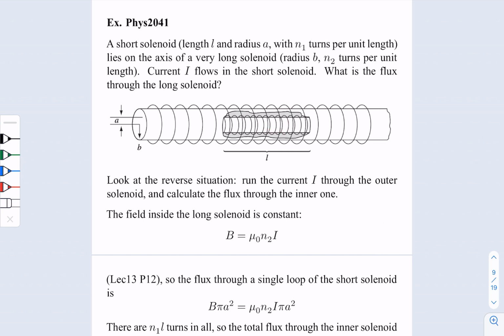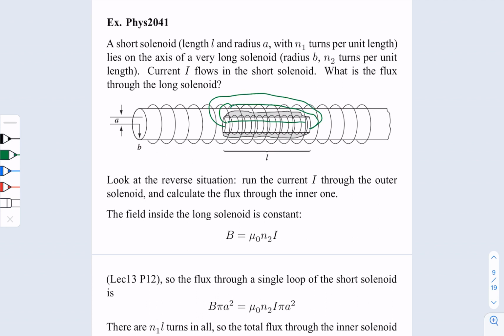So now if we apply a current into the inner solenoid, then this will produce a flux to the long solenoid, right? But the catch is that the field produced by this small solenoid is annoying.